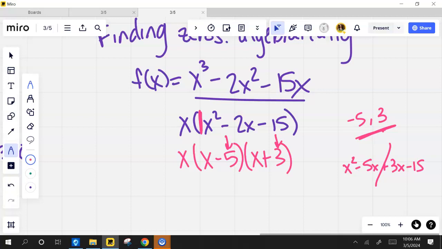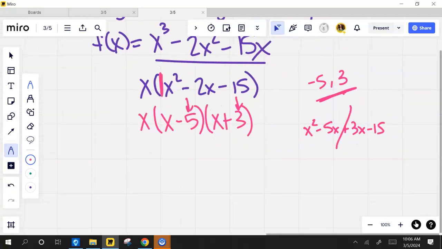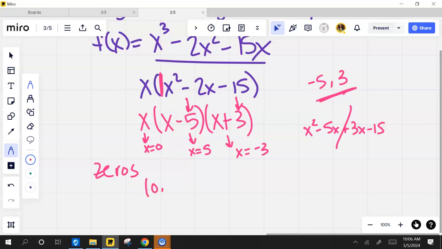All right. So what are the zeros of this function? 5. That's right. Remember how we set each piece to 0? We've been doing it. That's exactly right. That's why I'm kind of blowing through this pretty fast. So 0, 0, 5, 0, and negative 3, 0.